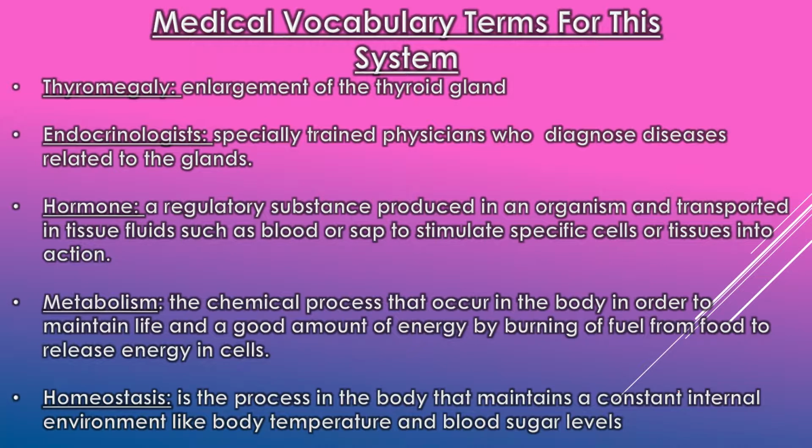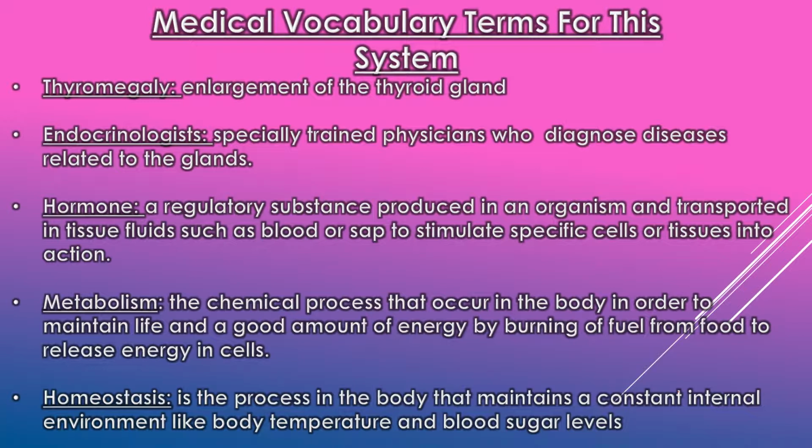Next, we have metabolism. Metabolism is the chemical process that occurs in the body in order to maintain life and a good amount of energy by burning off fuel from food to release energy in cells. Lastly, we have homeostasis.